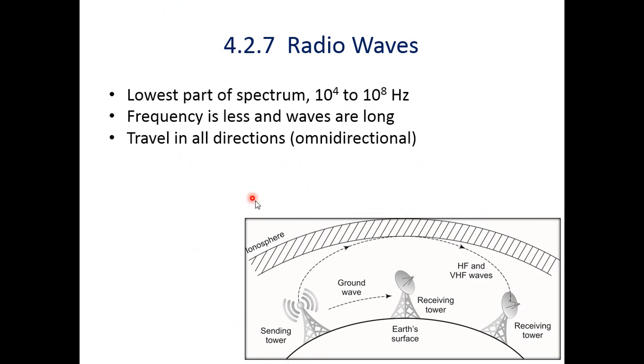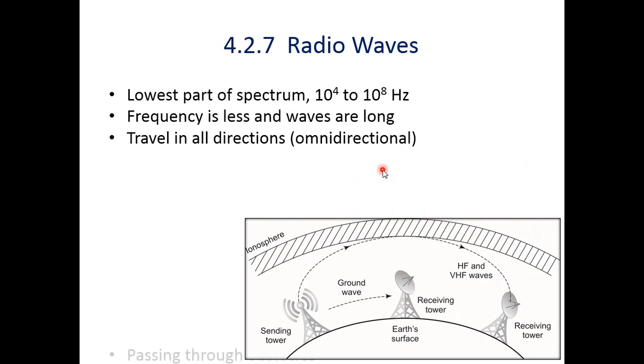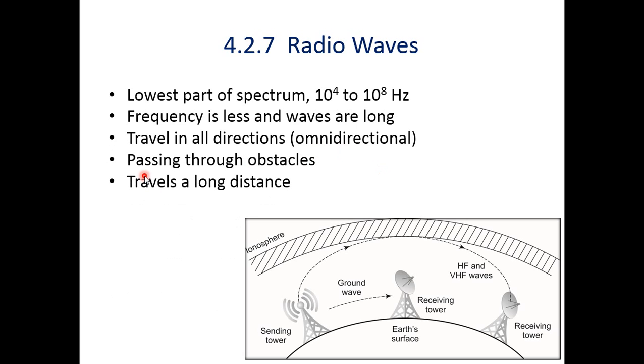Radio waves travel in all directions, so they are called omnidirectional, traveling in 360 degrees. The benefit of omnidirectional is that these waves can easily pass through obstacles without much trouble, so they can traverse a long distance. So when you have a radio set, there is no need to align it with the main base tower.